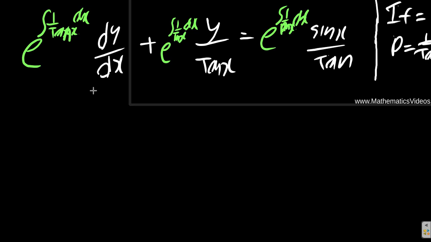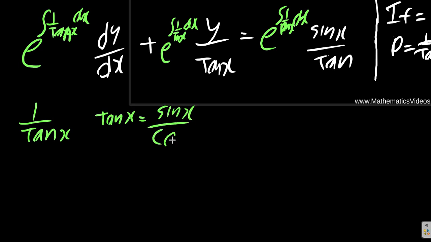Now, this 1 over tan x dx, what is it? Let's work it out. What is 1 over tan x? Oh, guess what? Remember the trig identity, tan x is sine x over cos x. So 1 divided by tan x would be cos x over sine x.